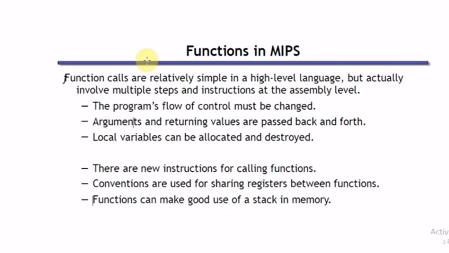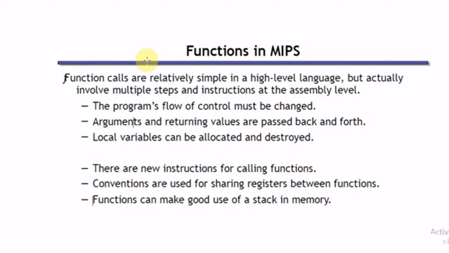After we finish the body of the function, these local variables should be destroyed, and the return value should be passed back to the caller program. All of these operations should be performed in order to successfully call a function in the MIPS assembly language.